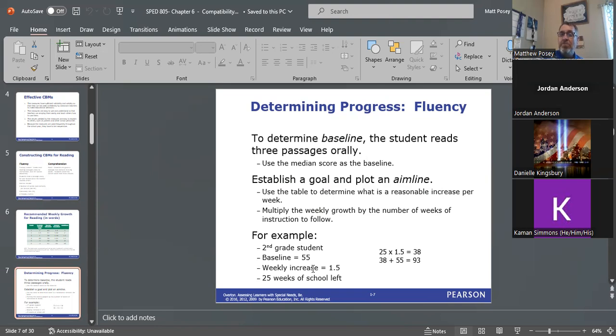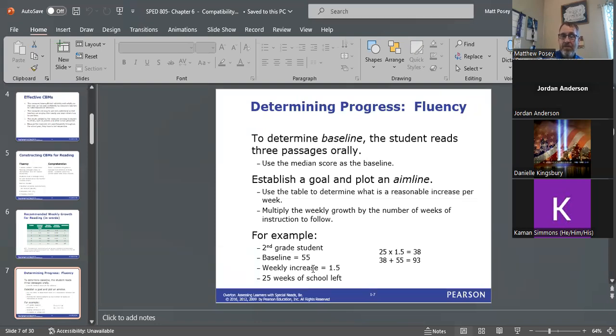Obviously, we can't do that for this class, but for the purpose of showing you the example, we're using 25 weeks of school. So we take the 25 weeks times the realistic growth rate of 1.5 words per week, which comes to 38. You take the 38 plus their baseline score of 55, and at the end of the 25 weeks, we hope to see that student up to 93.